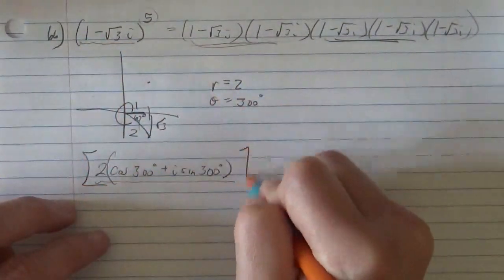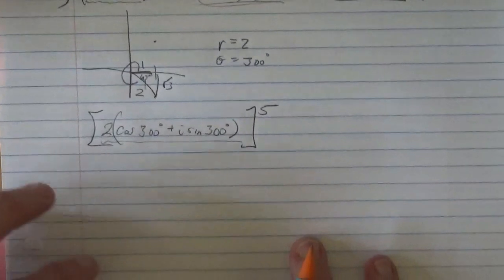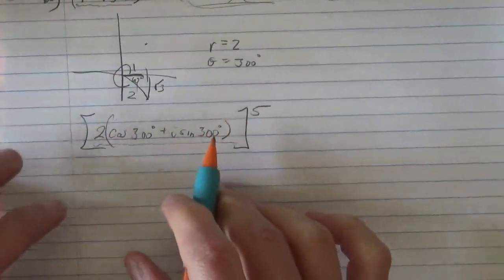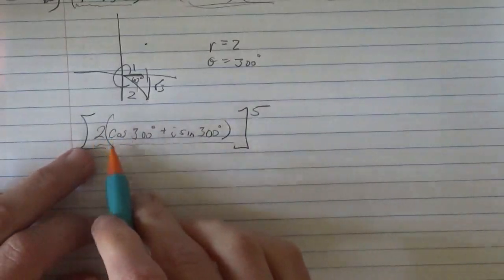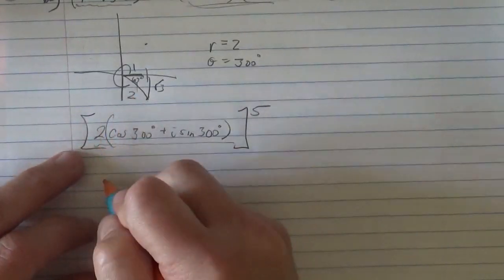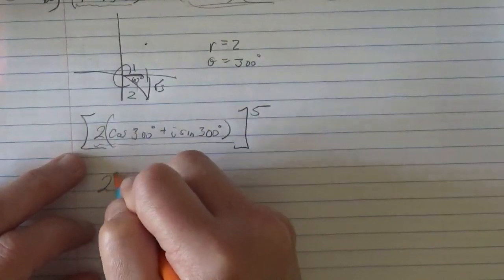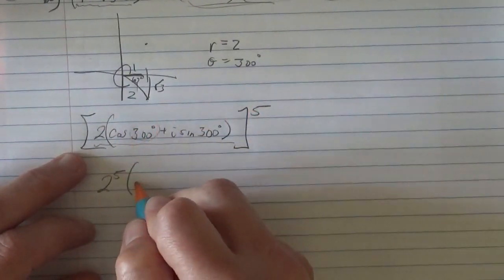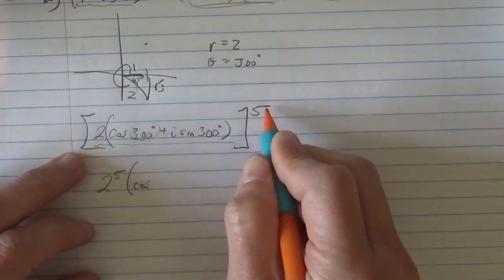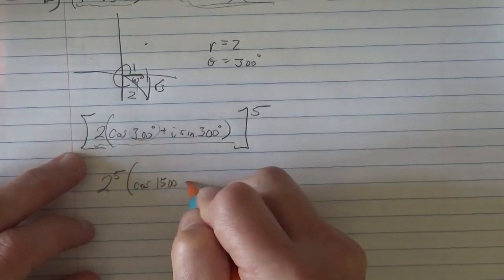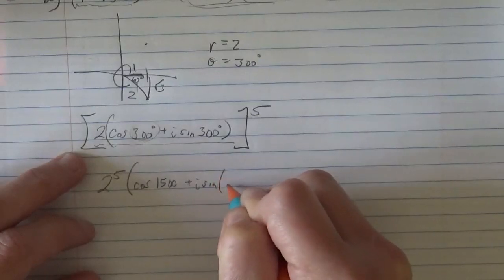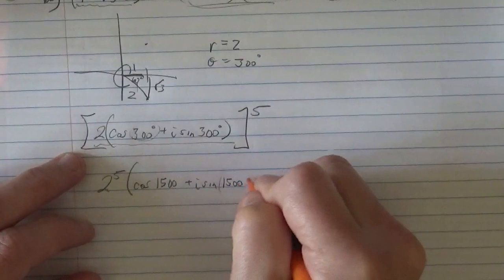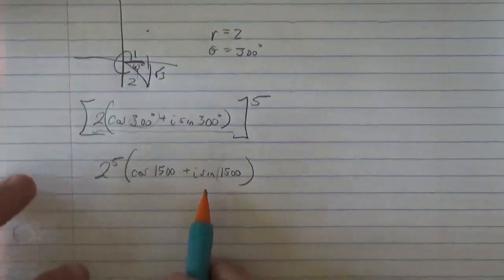And if I want to take this to the 5th power, de Moivre's theorem says, and I can't say his name, sorry, that all you need to do is take the radius to that power and multiply the angle by that power. So 300 times 5 is 1500. And this is basically your answer.